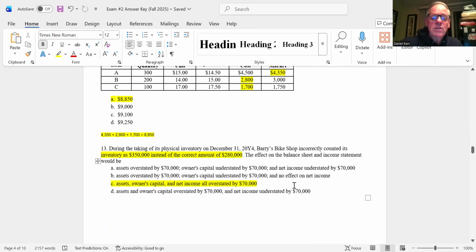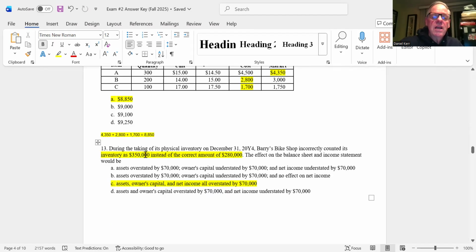If you overstate the inventory, you overstate the assets. You also overstate the ending inventory. And if you overstate the ending inventory, it overstates net income, and net income results in an overstatement of owner's capital as well. So by overstating the inventory by 70,000, you overstate the assets, the capital, and the income, all overstated by $70,000.